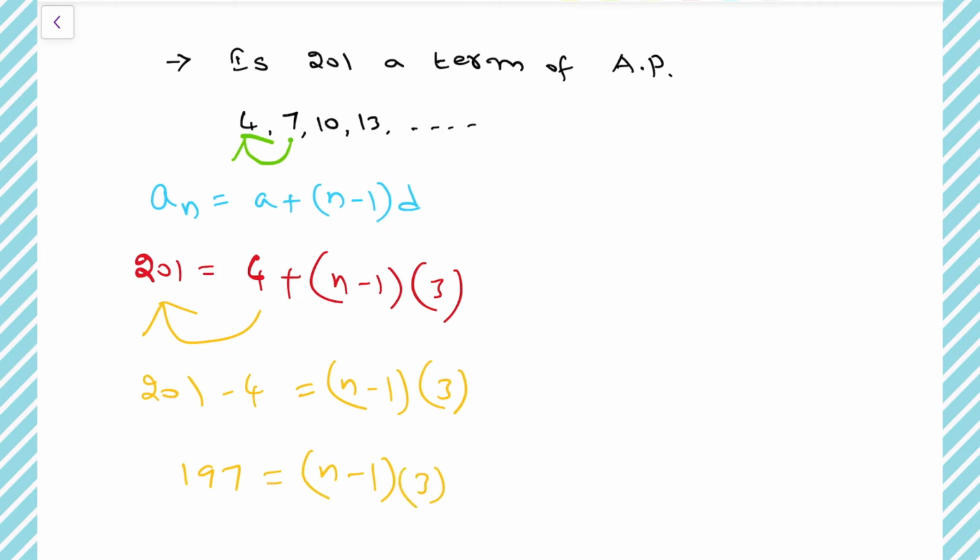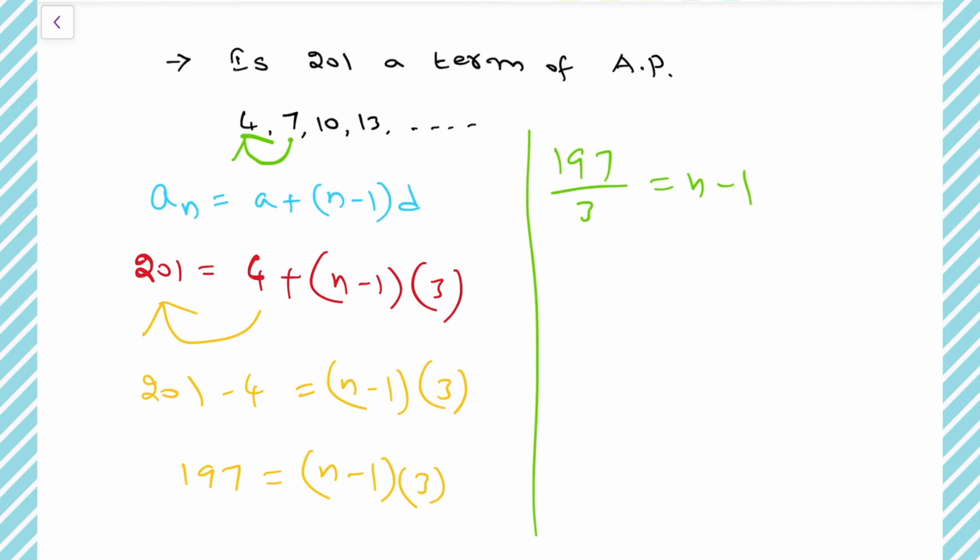Now take 3 also to the left side, then it becomes division. 197 divided by 3 equals n minus 1. So actually 197 won't come in the 3 table. If it is not coming in the 3 table, then definitely it leaves a decimal point, right?